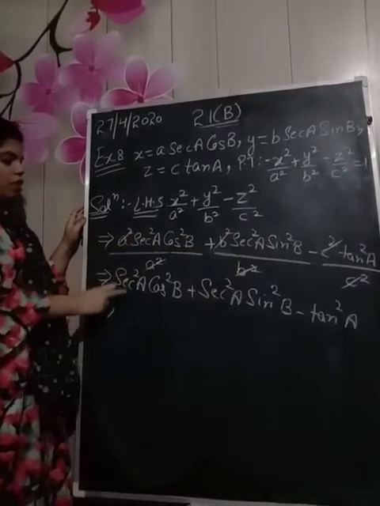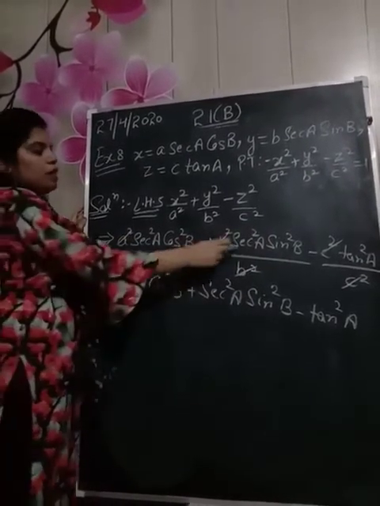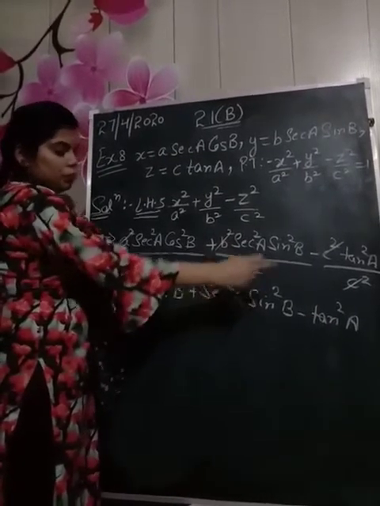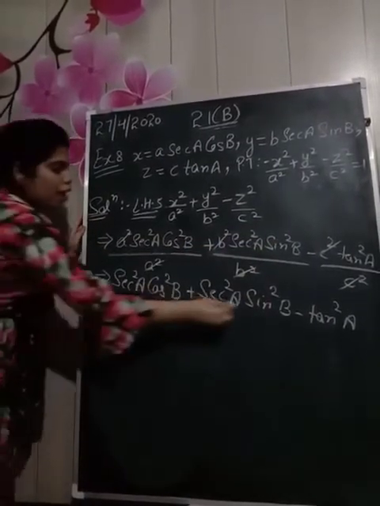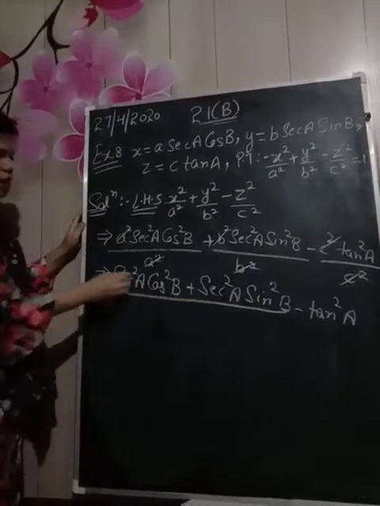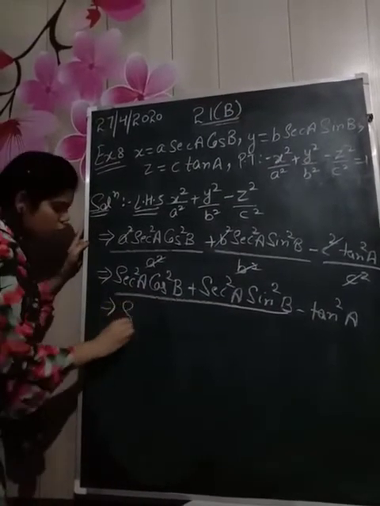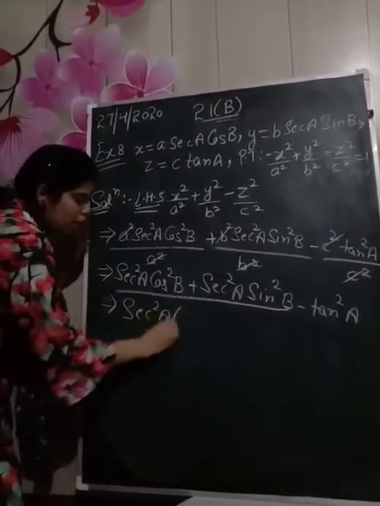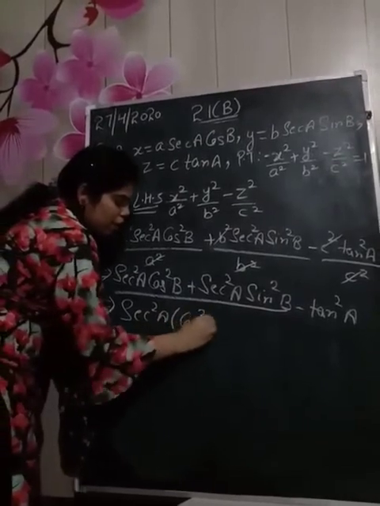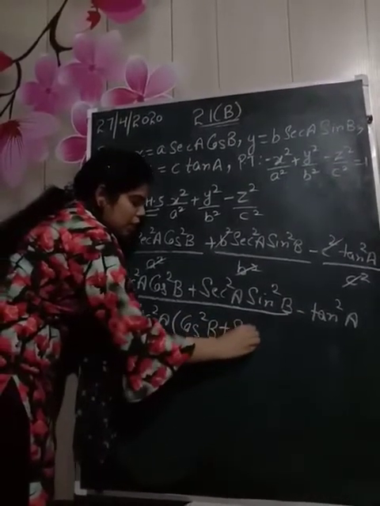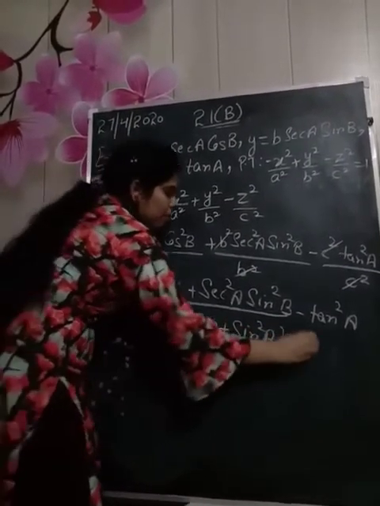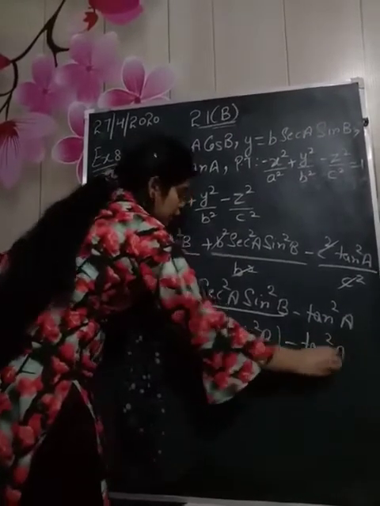So here is left secant square a cos square b plus secant square a sin square b minus tangent square a, and from this portion we can take secant square a common. So secant square a common, here left cos square b plus sin square b, minus tangent square a.